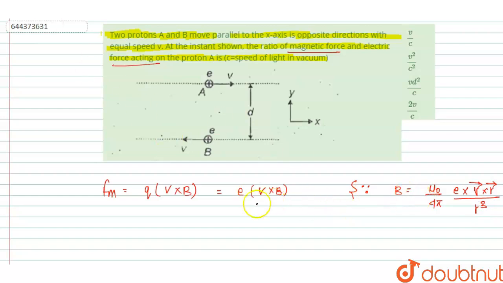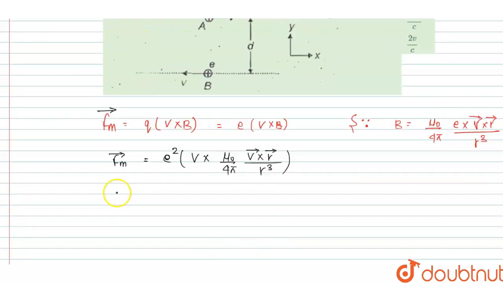Then put the value of the magnetic field in the equation of the magnetic force. That means Fm is equal to e into B, and B is equal to mu naught upon 4 pi into e, and e into e is e square, and v cross r upon r cubed. Finally the magnetic force is equal to e square into mu naught upon 4 pi, v cross r.